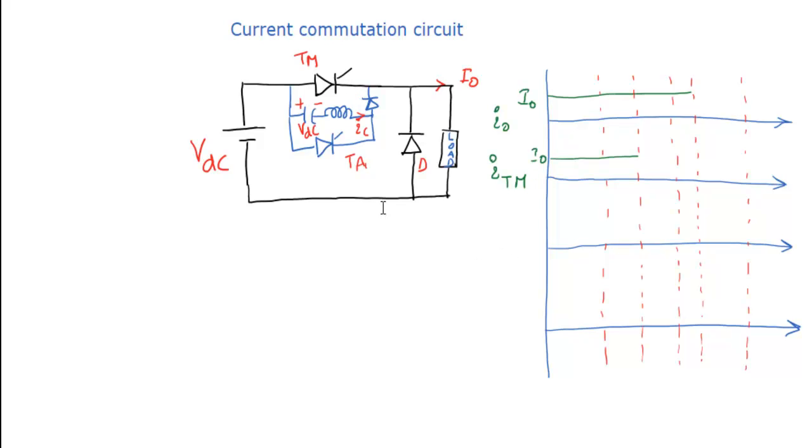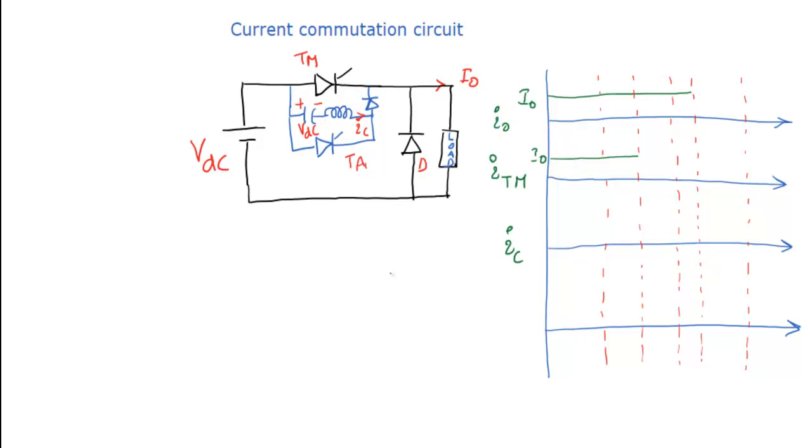Now the other waveform is the capacitor current. Initially it will be 0, because if we are not turning on the auxiliary thyristor, there is no path to discharge the capacitor.